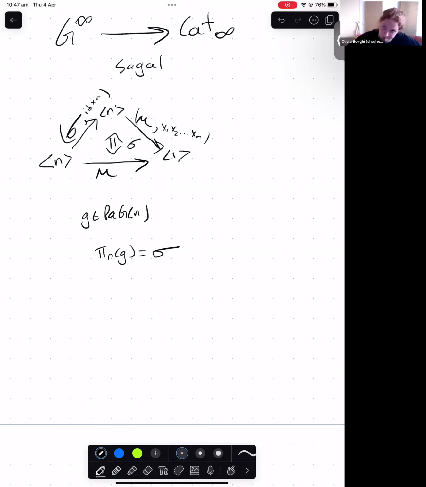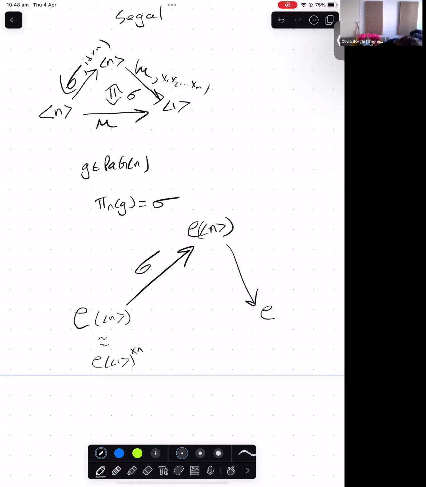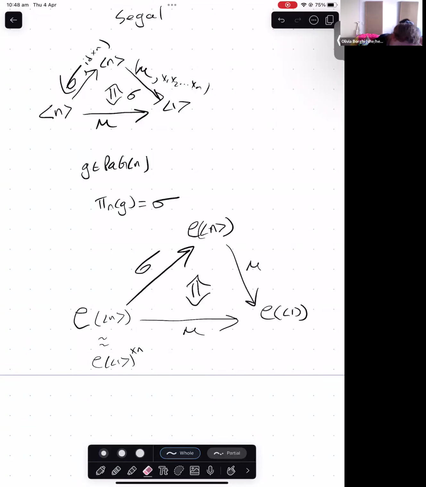And if I look at the image of this in the infinity 1 category of infinity 1 categories, I get out that same thing I was looking for before, where I have C of n, which is equivalent to C of 1, the Cartesian product of simplicial sets, to itself, down to C of 1, over mu, and this nice 2 simplex corresponding to sigma.